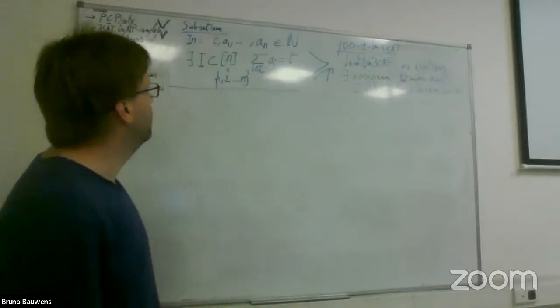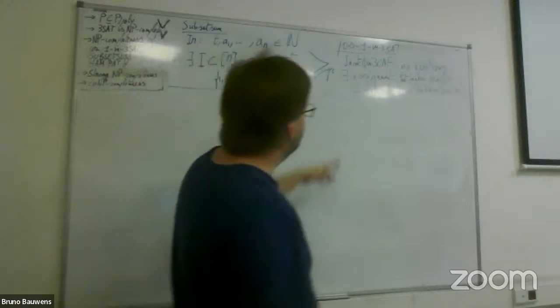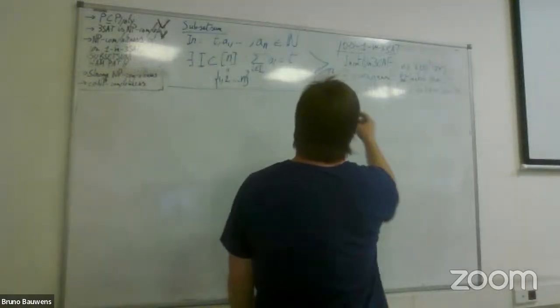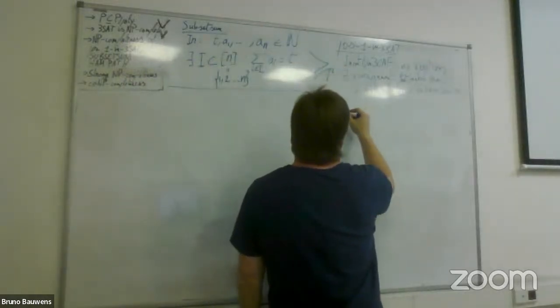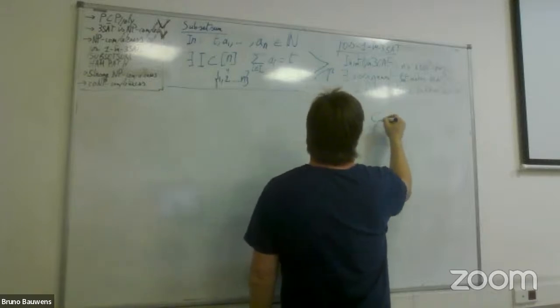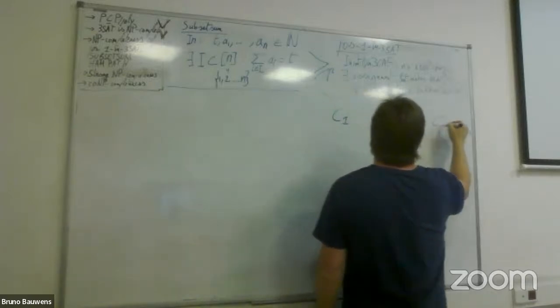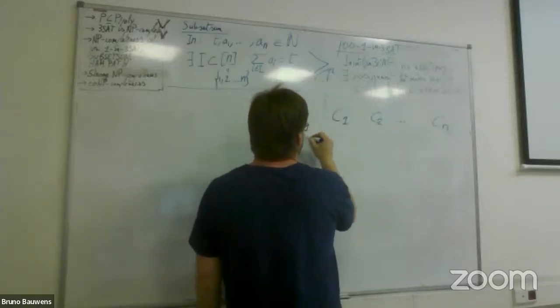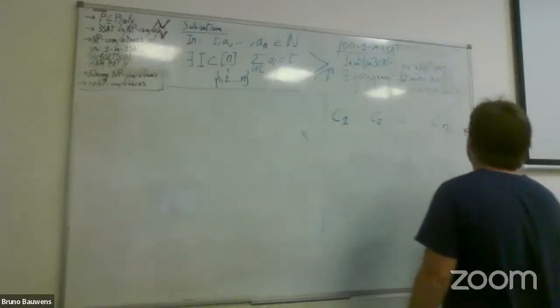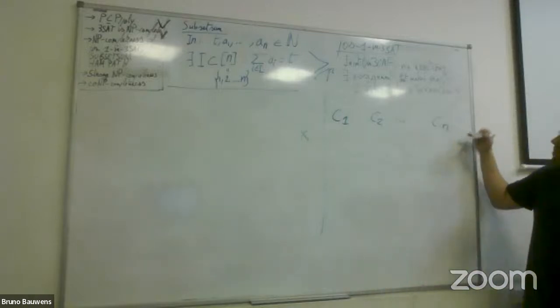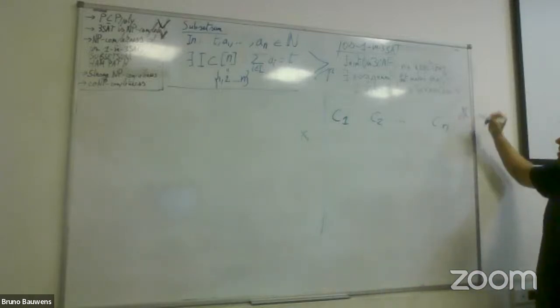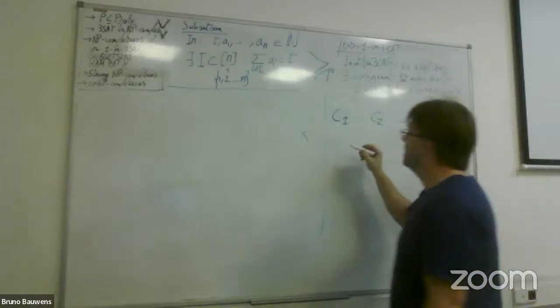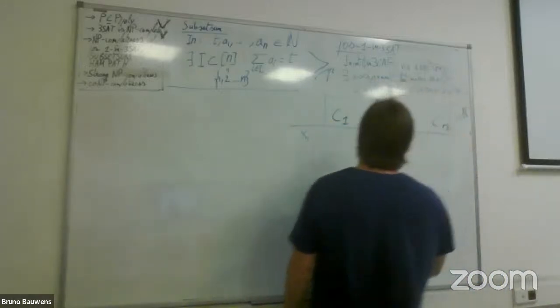So positive 1-in-3 SAT is a bunch of clauses. We have clauses C1 till Cn, and we have variables x1 and so on, and we need to come up with numbers. Let us first make a table.